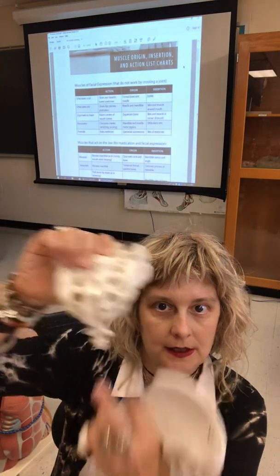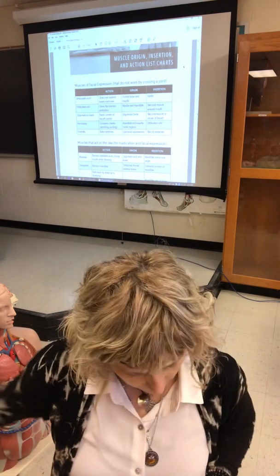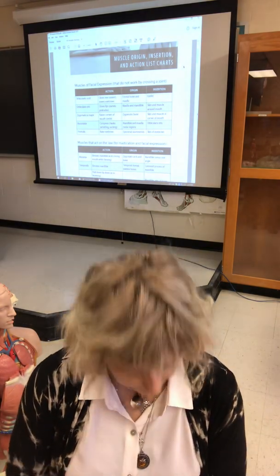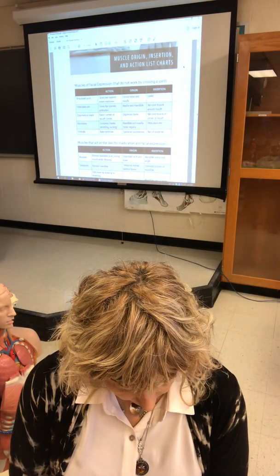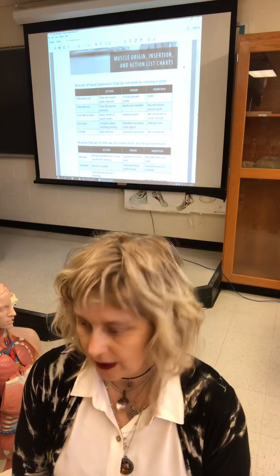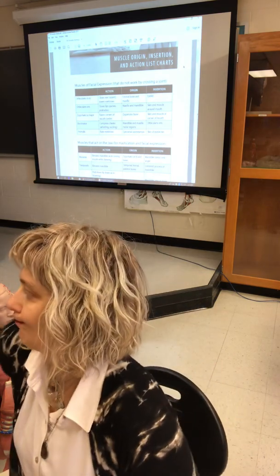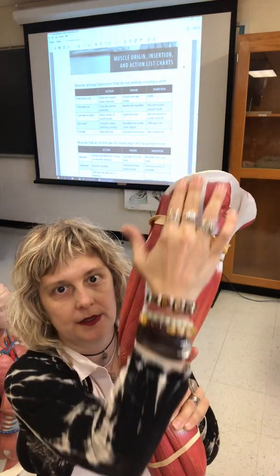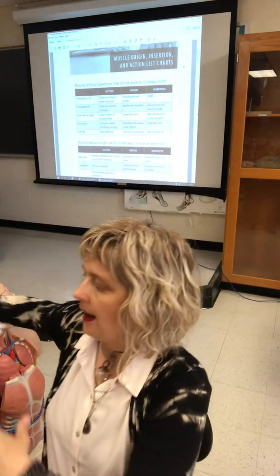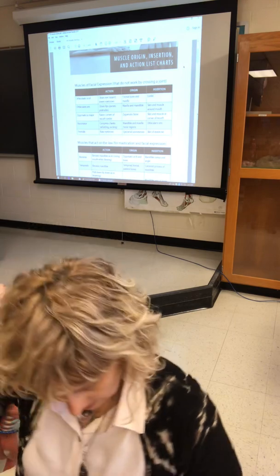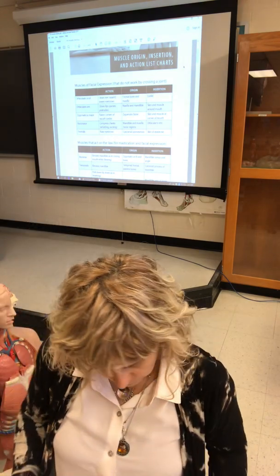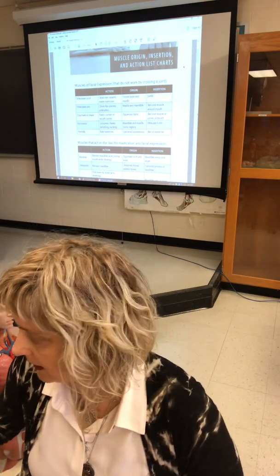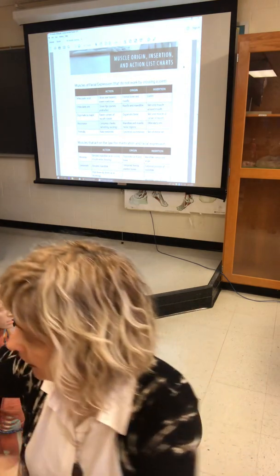All right, so that's origin. Insertion: gluteal tuberosity of the femur and the IT band, the iliotibial tract, there it is. And the gluteal tuberosity of the femur.